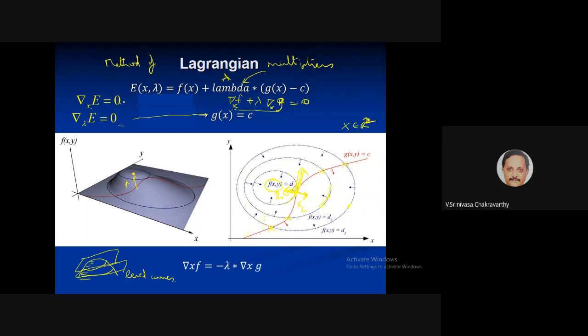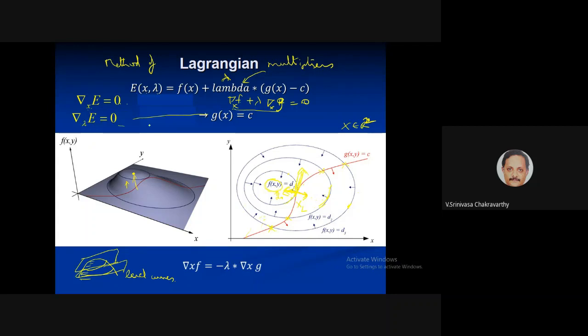Del e equal to 0, that is one equation with respect to x. Then del e with respect to lambda equal to 0. If we have multiple constraints, then we will have a separate term like this for each constraint. If there's only one constraint, then there's only one term, and therefore one lambda. So this del e with this lambda becomes dou e by dou lambda.